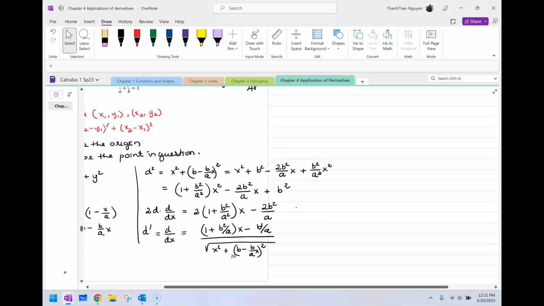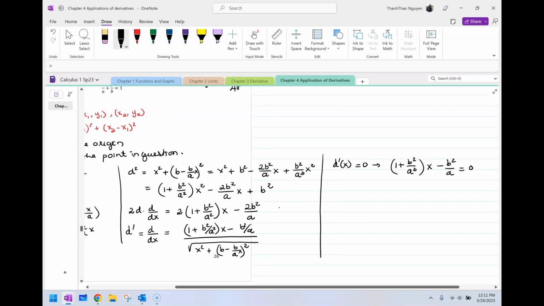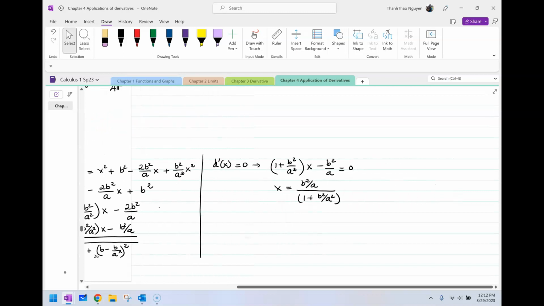So d prime of x equals 0 when (1 plus b squared over a squared) times x minus b squared over a equals 0, and we solve for x in this case. Let's clean this up a little bit.